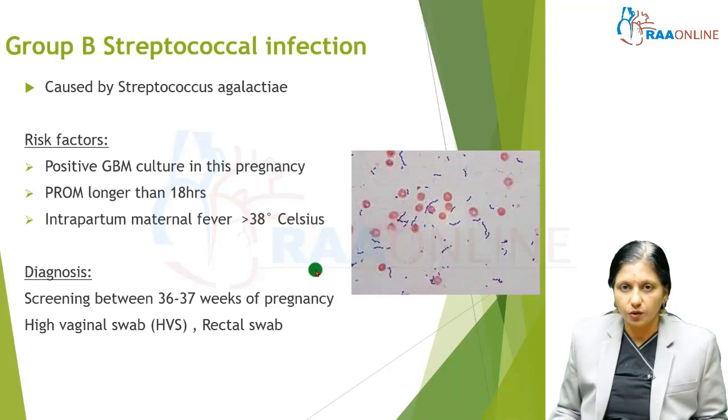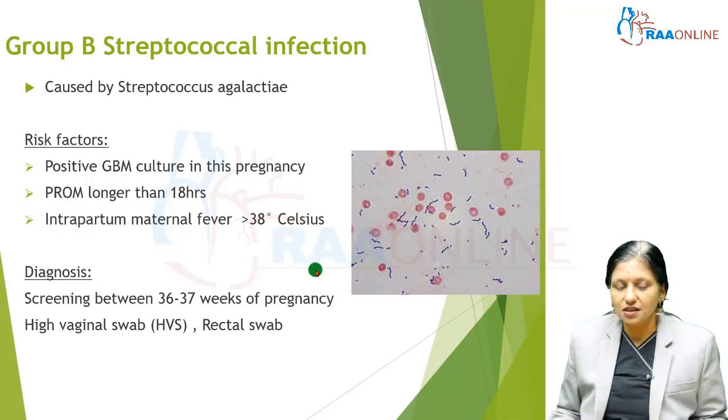Now, group B streptococcal infections are caused by Streptococcus agalactiae, and the risk factors include positive GBS cultures in this pregnancy, PROM longer than 18 hours, or an intrapartum maternal fever of more than 38.